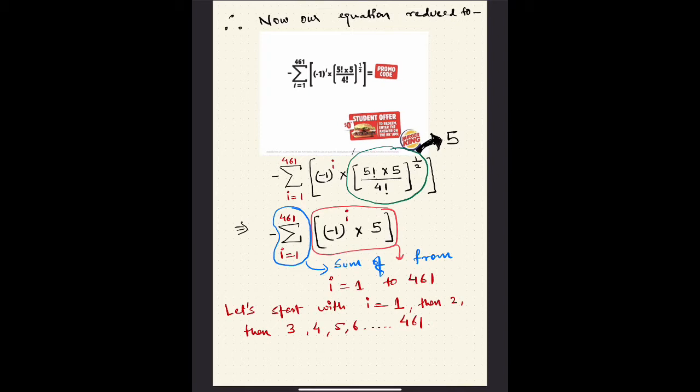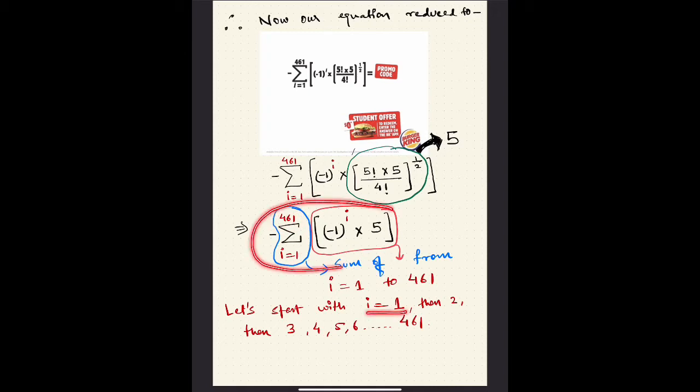As you can see here, this means summation, or in simple terms, we can call this addition. But how is this different from normal addition? Here you can see there is a variable, this i. This i varies from 1 to 461. So this summation sign means that I have to start with a value of i equals 1 and end at i equals 461.